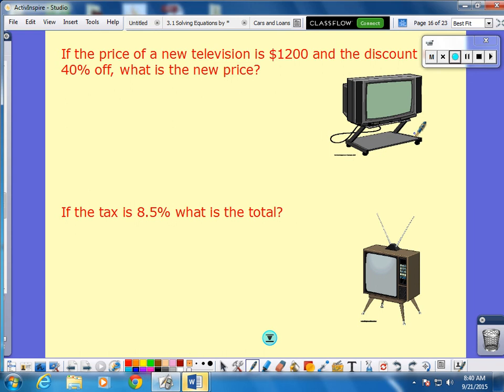All right, if the price of a new television is $1,200 and the discount is 40% off, what is the new price? And if the tax rate is 8.5%, what's the total? Let you figure that out.